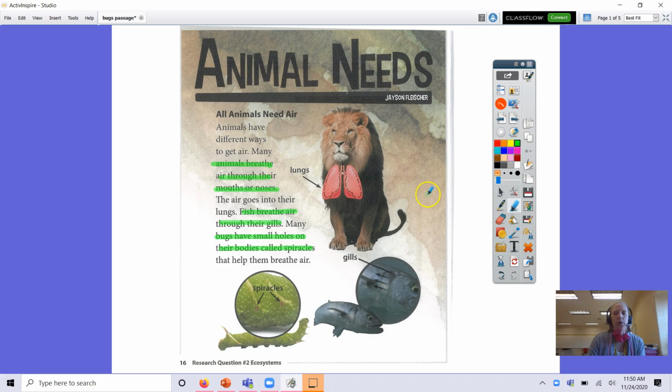So there are three ways that animals breathe air. Most animals breathe air through their noses and mouths. Fish breathe through their gills. And insects and bugs have small holes called spiracles that help them breathe air.